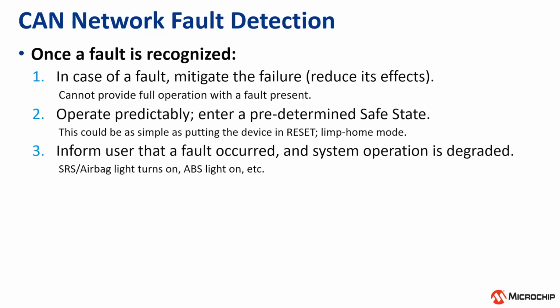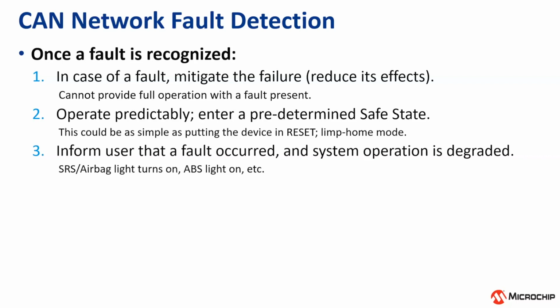There are schools of thought, and it depends on what industry you're in and what your application is. You can fail safe, which is the mode of operation that I'm most familiar with, where you either shut the system down or you go into some sort of predictable operation, like a limp home mode or a reduced functional mode.